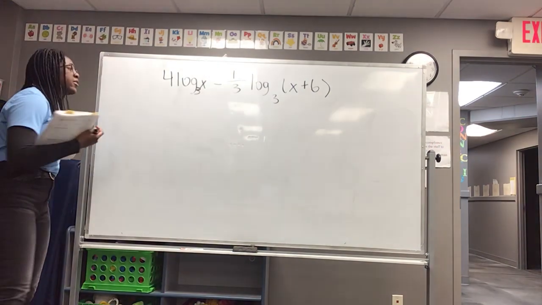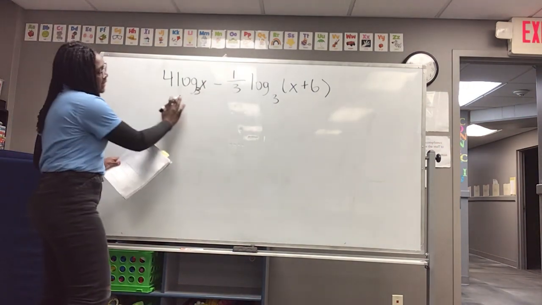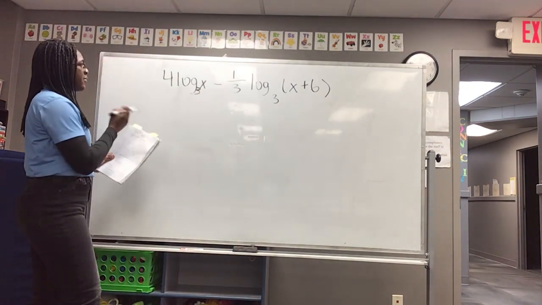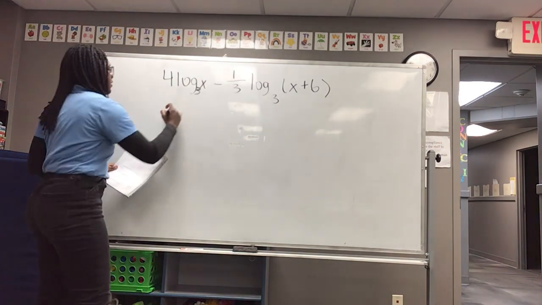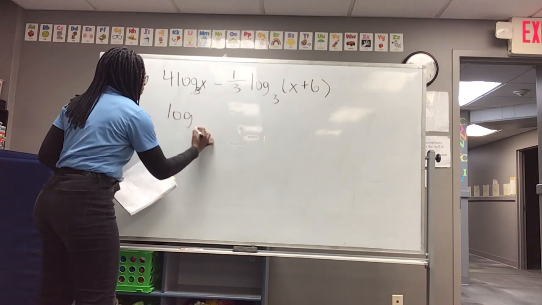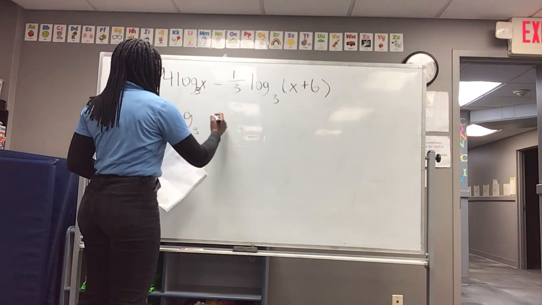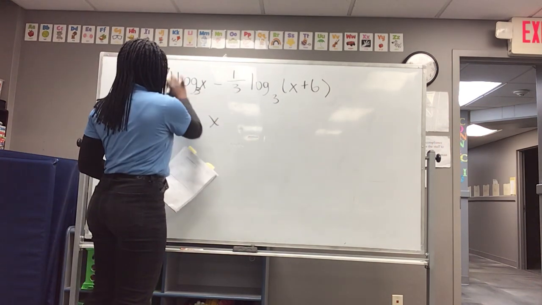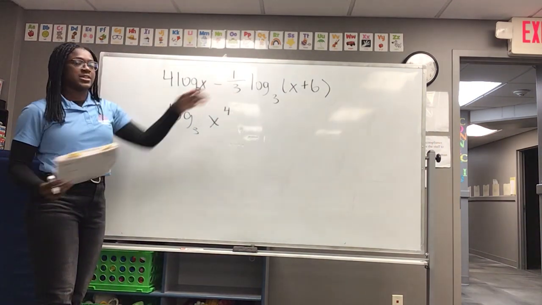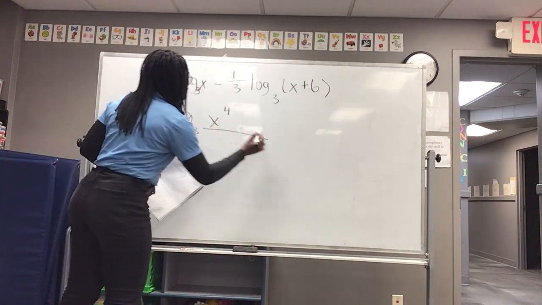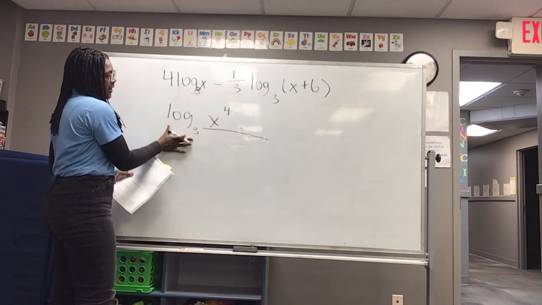Okay, we'll start going over this. So because I have the same base, I can combine them. I notice there's a 4 out here, so that tells me it's an exponent for my x. So I'll start with my log base 3, and then we've got x to the power of 4. I see subtraction, that tells me we're dividing. I already have my log base 3 out here.